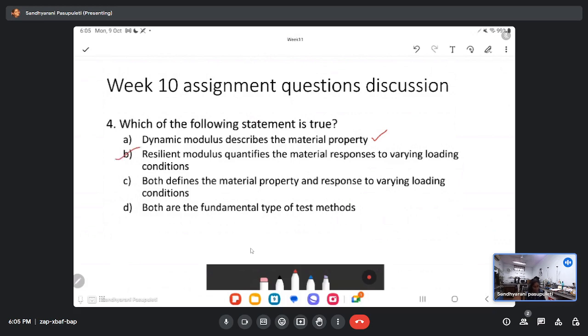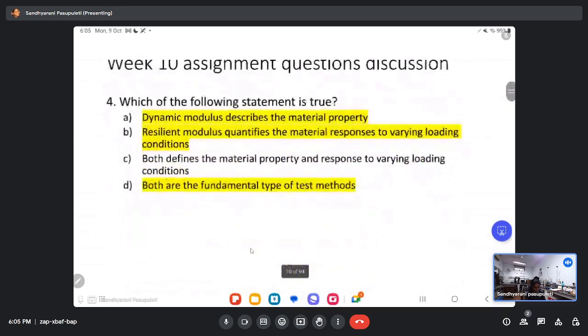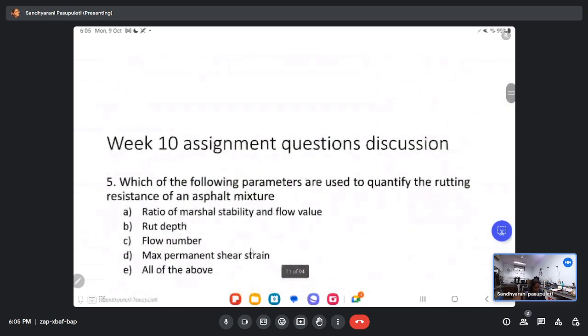Yes, the specific purpose of resilient modulus is that it actually quantifies the material response to varying load conditions. And option C says that both define the material property and responses to varying load conditions. No, this is not correct. And option D says that both are the fundamental type of test methods. So options A, B and D are the correct options.